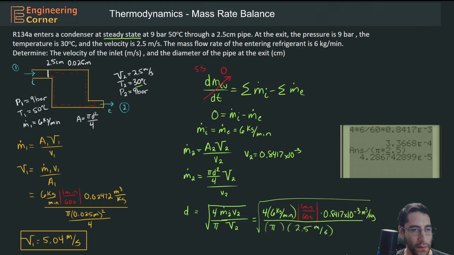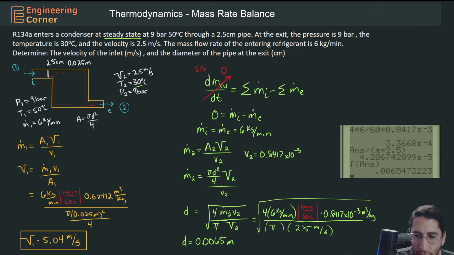We take the square root of my answer. And we get that my diameter, I'm going to put it right here. So D is equal to 0.0065, and we're in meters.